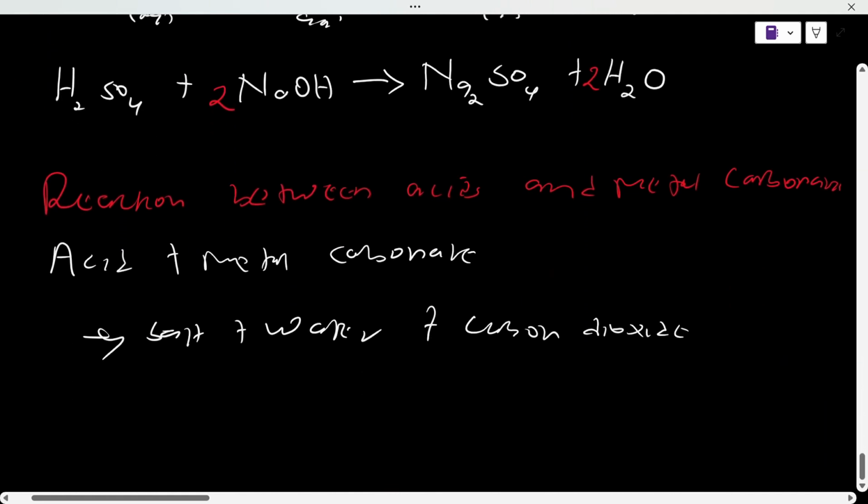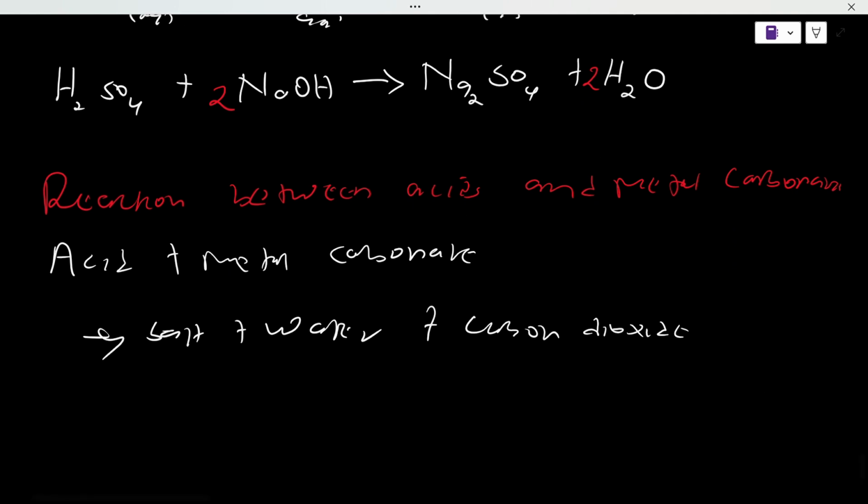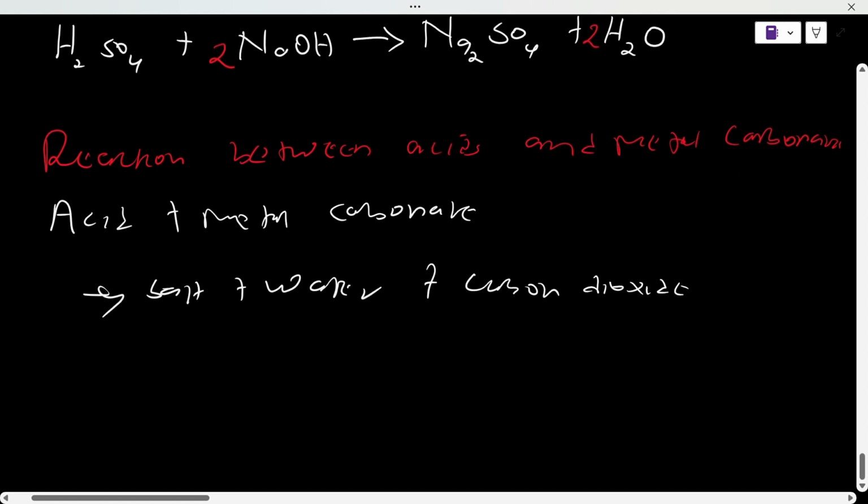Now the added thing in salt and water is just carbon dioxide. I'm going to do 3 examples in this case so that we can see what we are dealing with here.